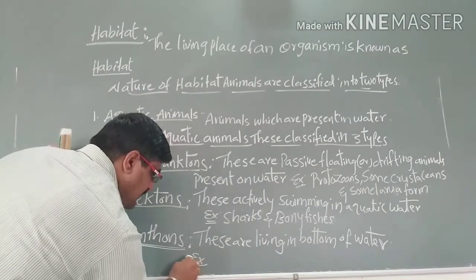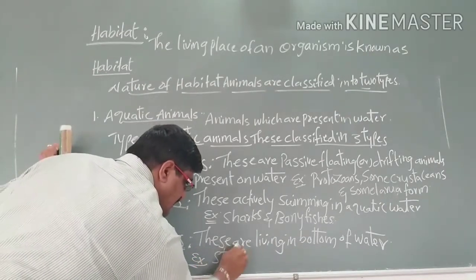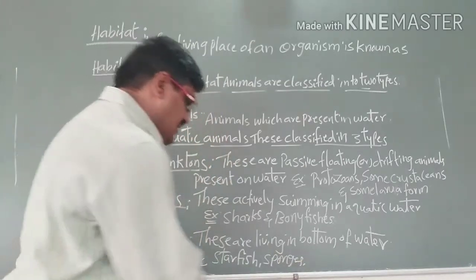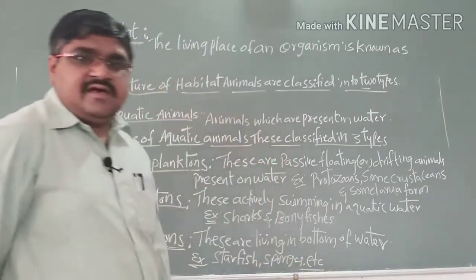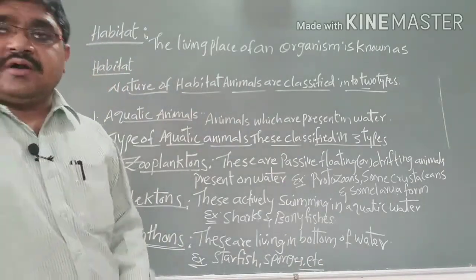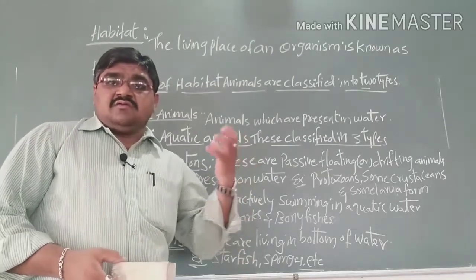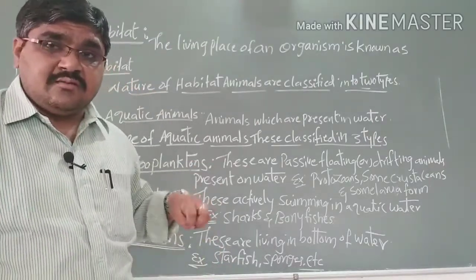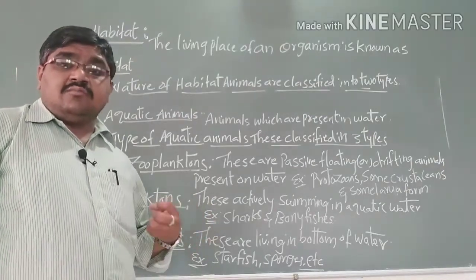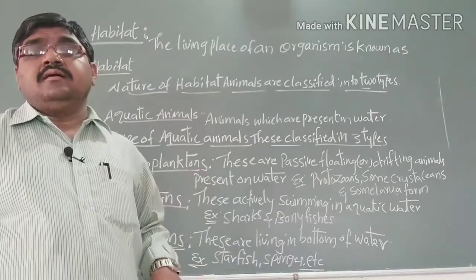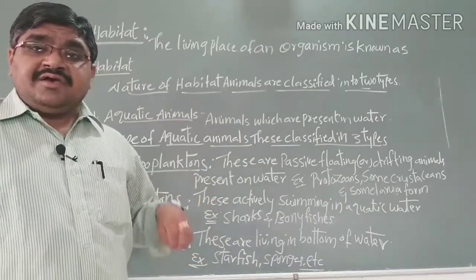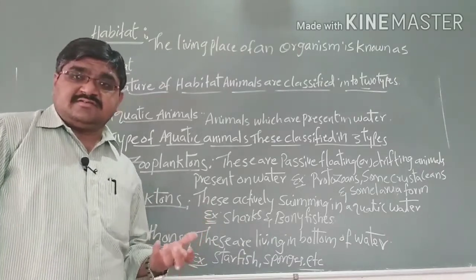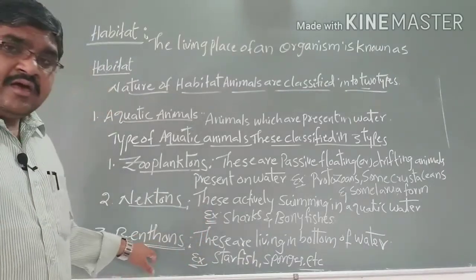Examples we can take are the starfish, the sponges, and sea cucumbers, etc. These are the organisms present at the bottom of the water, that is, the bottom of oceans or fresh waters. At the bottom of the water, light is not available. These organisms are present at the bottom of a seashore, a sea, or rivers. Such organisms are called benthons.